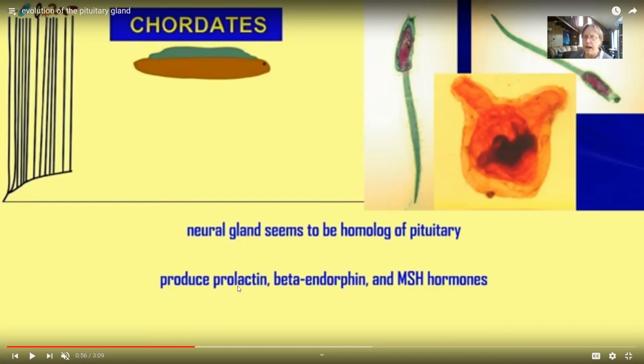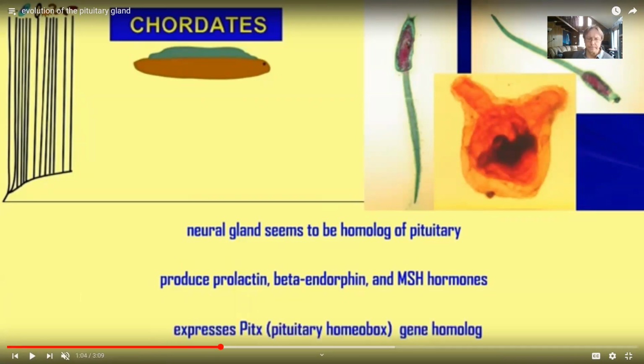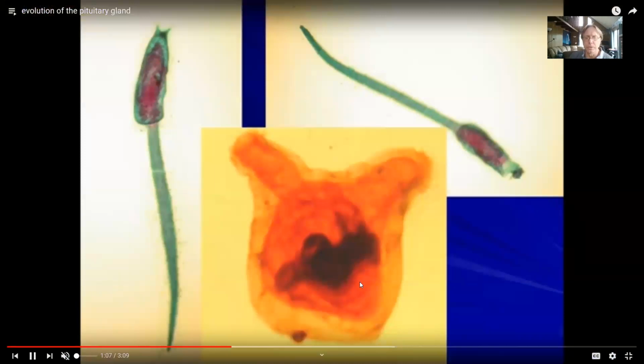Fish can use prolactin, or at least a prolactin-like molecule. Prolactin goes back even to primitive chordates. And so the pituitary is homologous over the vertebrates and has changed over time.